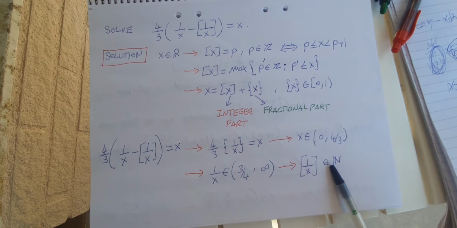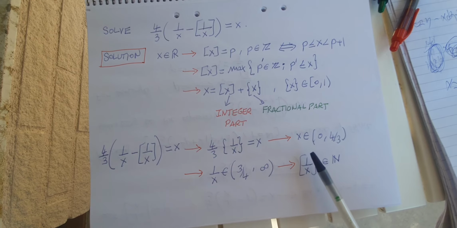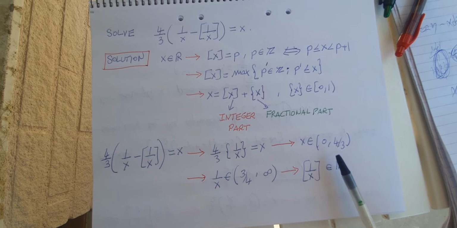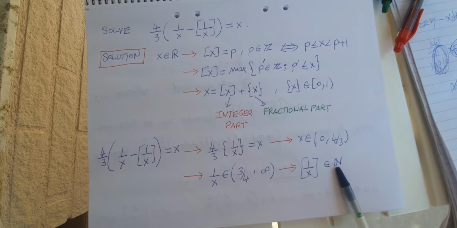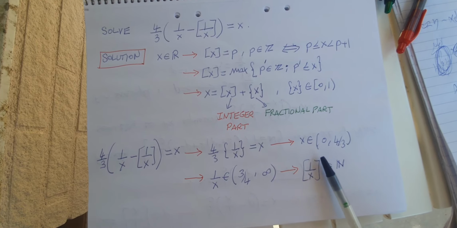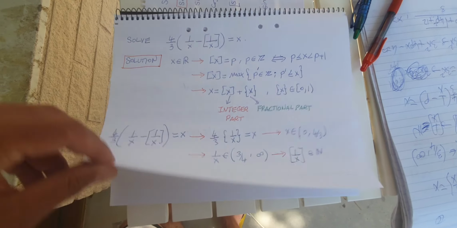All right. So now we know that the integer part of 1 over x can take any natural number. By setting the integer part of 1 over x equal to p, we can now solve the equation.